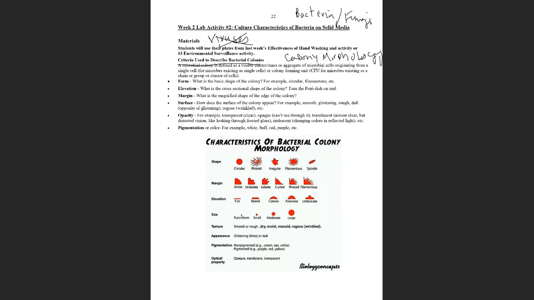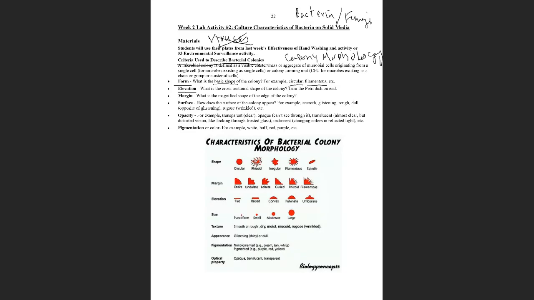So what are they? Form. What's the other word for form? Shape. Form means what is the basic shape of your colony. The colony could be circular, they could be irregular, they could have thread-like edges, so we call them filamentous.